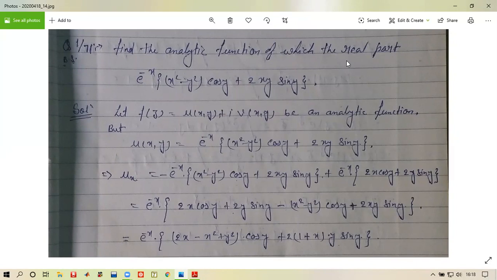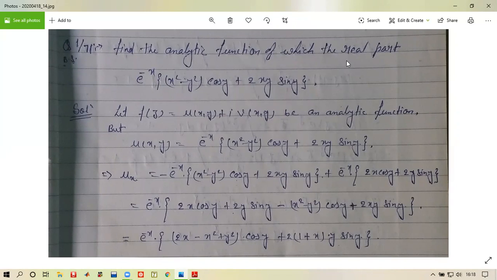If the function is analytic and we know any one part of the complex function, that means real or imaginary, then we can construct the imaginary part when the real part is known, and the real part when the imaginary part is known, and also we can construct the analytic function itself.